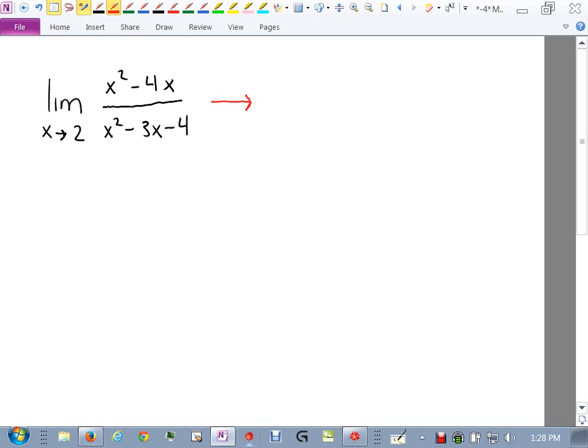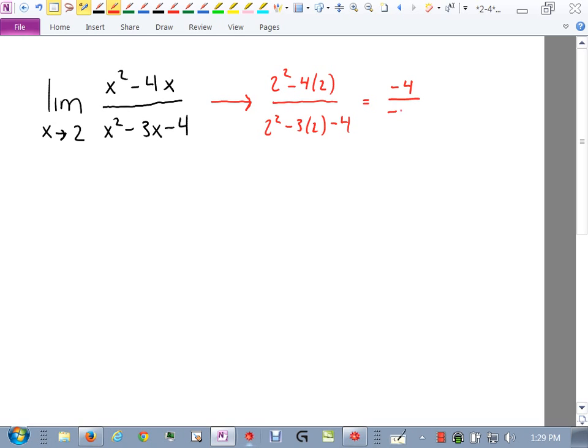On the top, what do I have? 2 squared minus 4 times 2, over 2 squared minus 3 times 2 minus 4. So what do we have upstairs there? 4 minus 8, negative 4, right? Over on the bottom, 4 minus 6 minus 4.